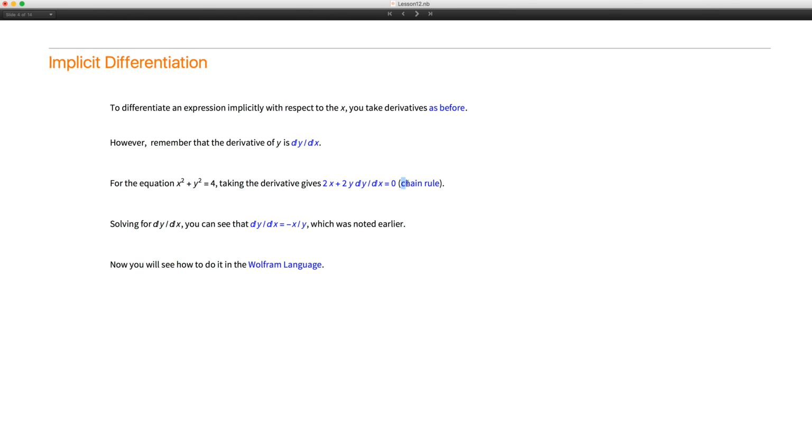That's just the chain rule. Once you've done that, then from the equation, you can solve for dy over dx and find the answer negative x over y, just as we had noted earlier. So that's the technique for doing implicit differentiation, and now I'll show you how we can do it in the Wolfram language.